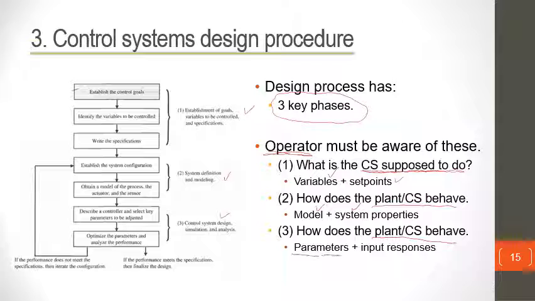We need to know which parameters are important and how it responds to certain inputs. So by understanding this control system design procedure, we will be better able to do our job as control systems operators.